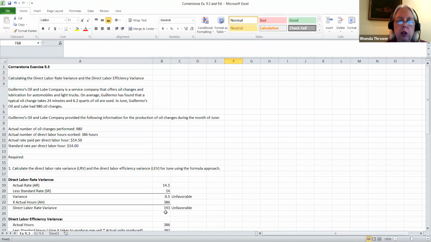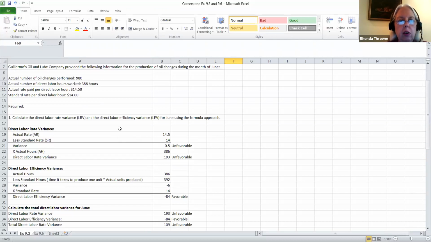If it's a material amount, we would probably investigate it further. But if it happened just from normal operations, then we won't investigate it any further. And usually it has to do with the amount of the variances.